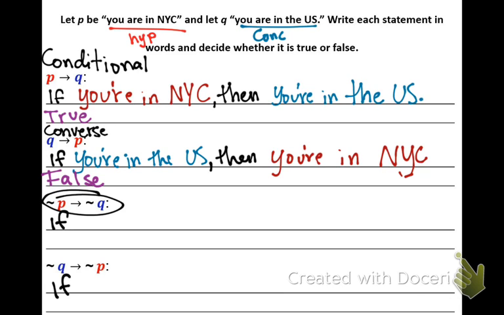All right, the next we negate P and negate Q, so this is, yes, which is called the inverse. So, what is the negation of you are in New York City? Sorry. You're not in New York City. Good.